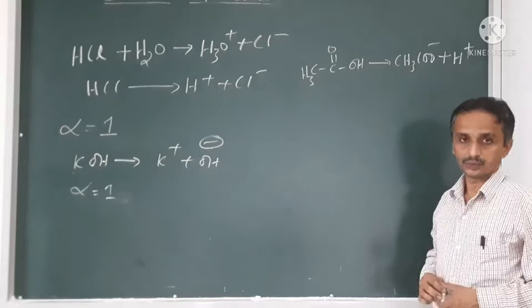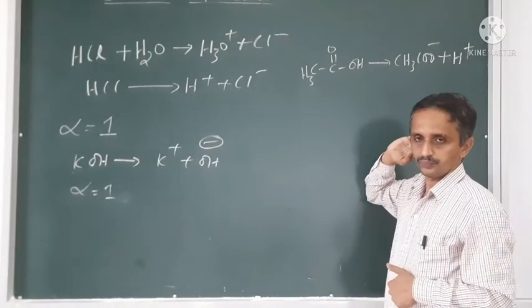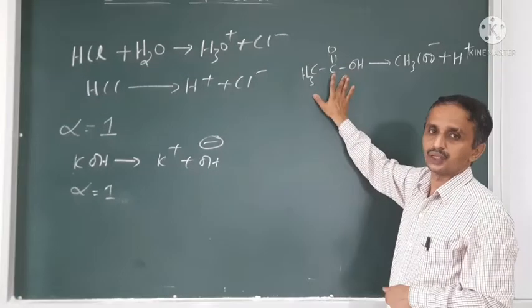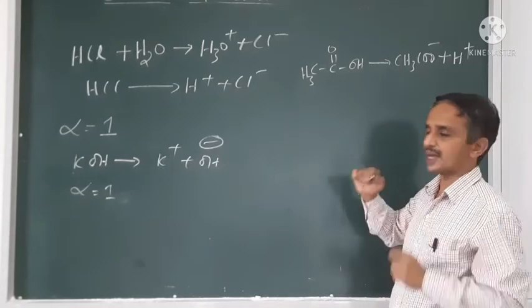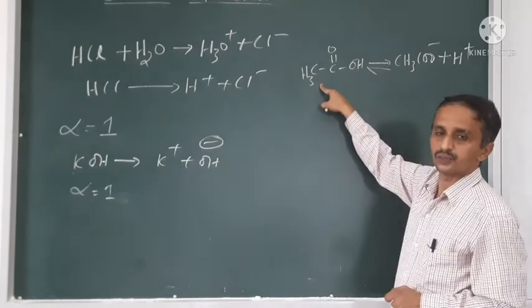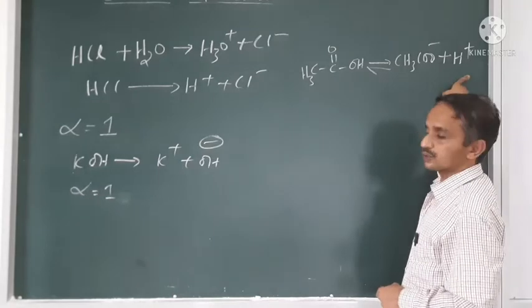But a larger amount remains as acetic acid, only a little ionizes, and this ionization is reversible in nature, and there exists an equilibrium between acetic acid and the acetate ion and H plus ions.